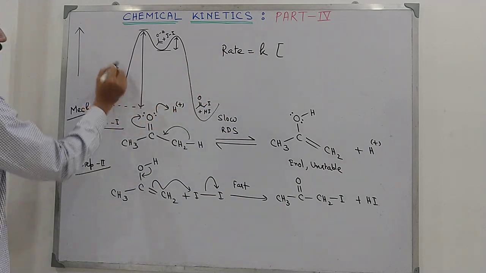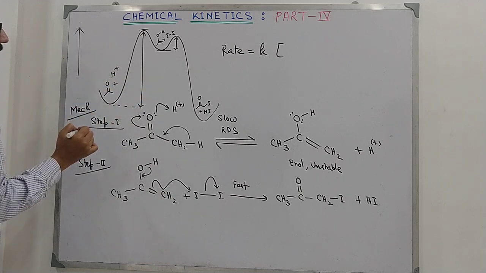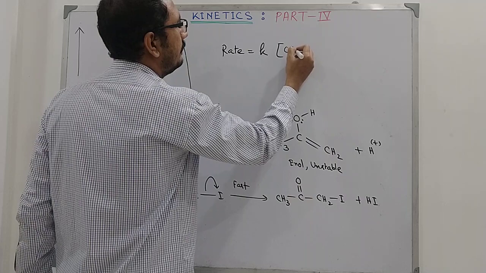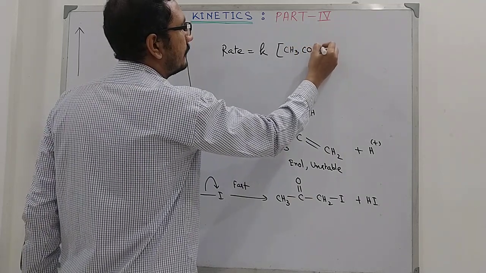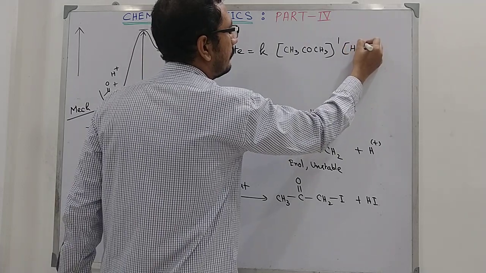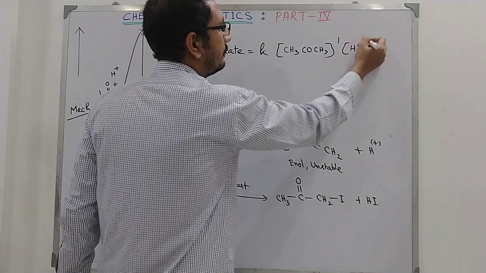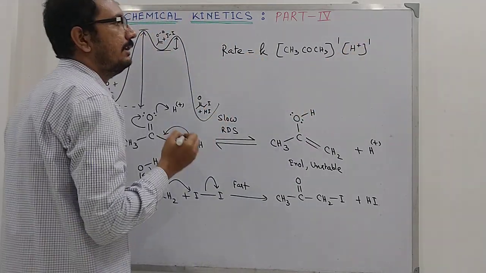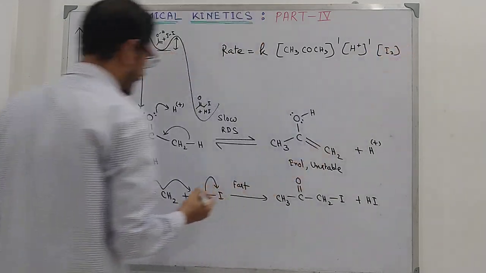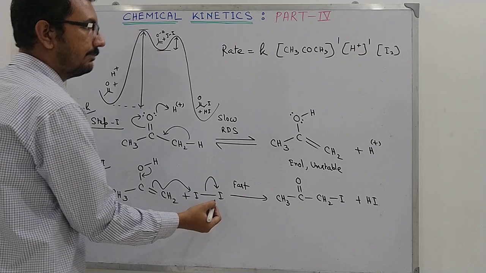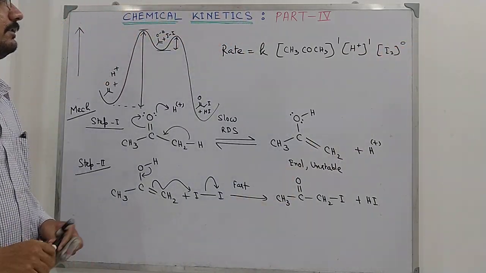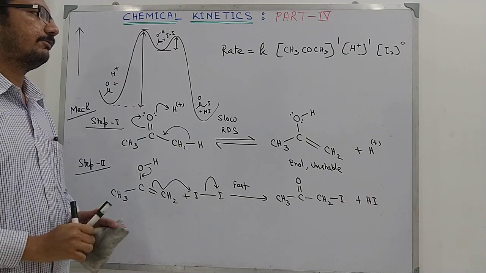So you see only acetone and H plus are present in the rate determining step, and those will have contribution towards the formation of the product, and with respect to them the order of the reaction will be 1, and with respect to the reactant that is appearing in the fast step, that will be 0. So this is the experimentally observed rate equation.